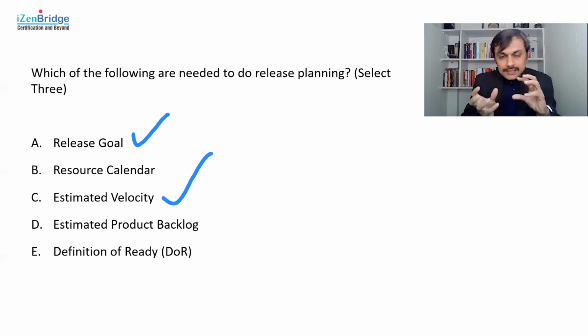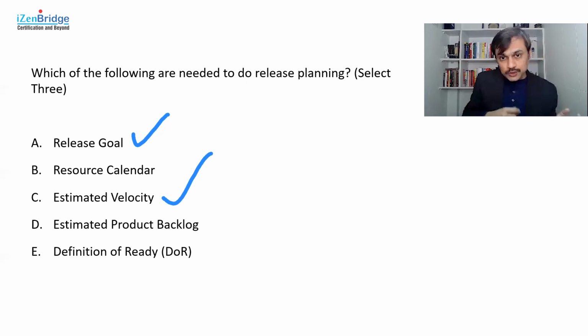Now, indirectly, the estimated velocity may consider who all will participate in the upcoming iterations in order to achieve this release goal. So the number of team members, your holiday calendars and all those things will get accounted for when you estimate a velocity.